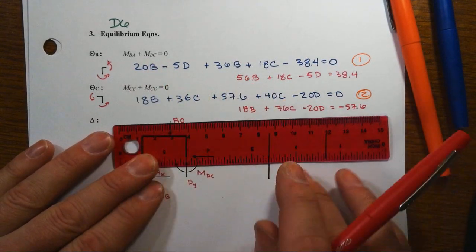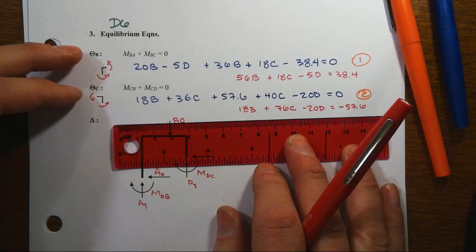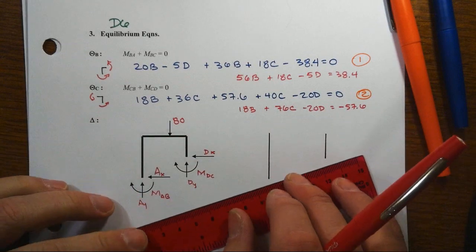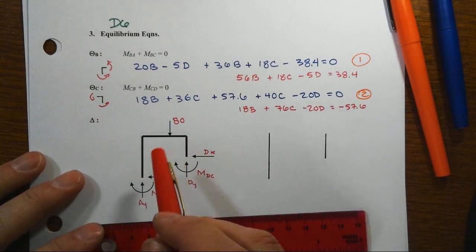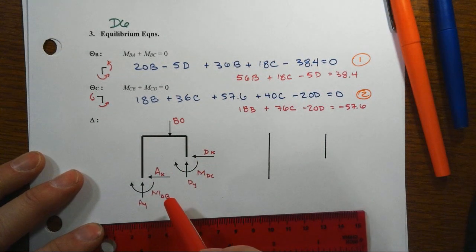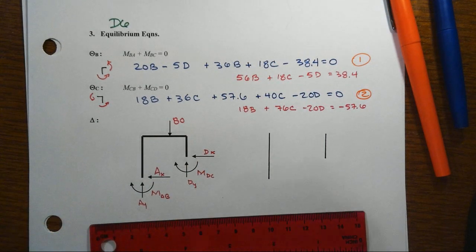Write the two equations, substitute them in, and those give one each for the rotational degrees of freedom. But now we need one for the sway. We've done this before. Make sure you draw the complete free body diagram of the structure. Here's our applied member load of 80 kilonewtons.